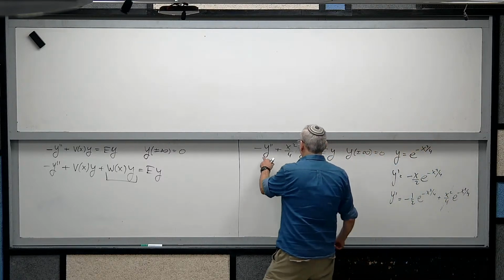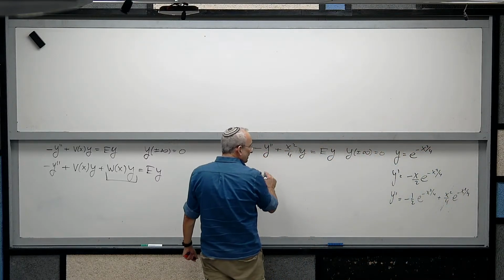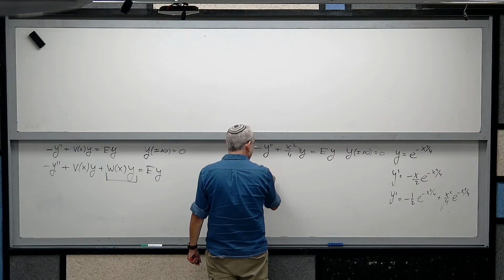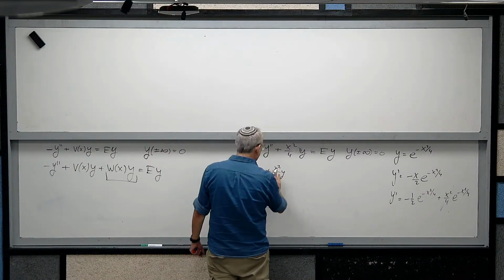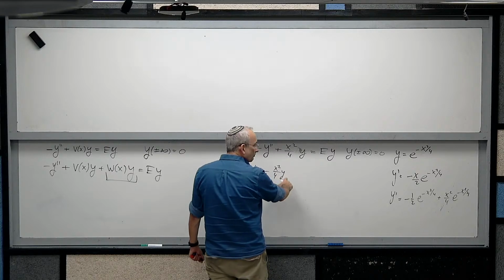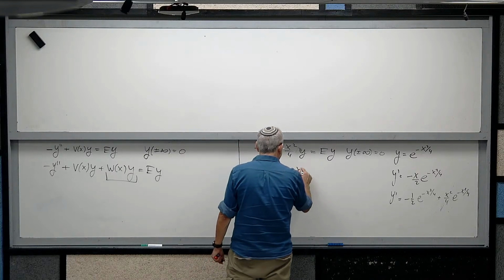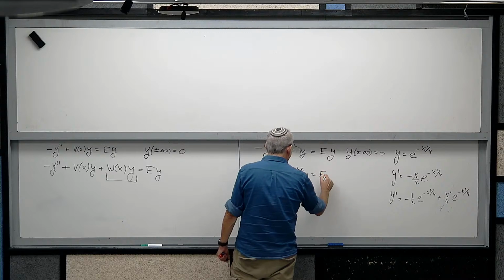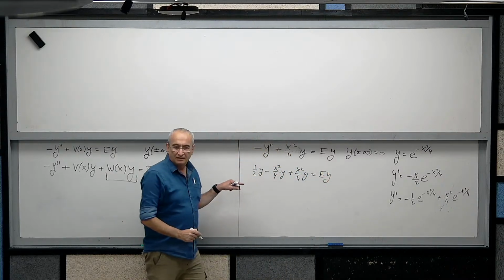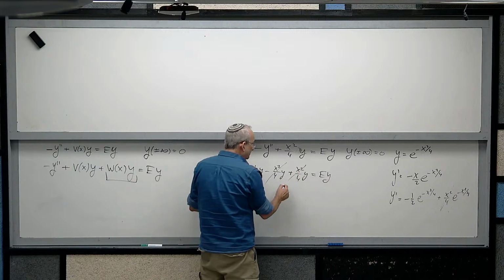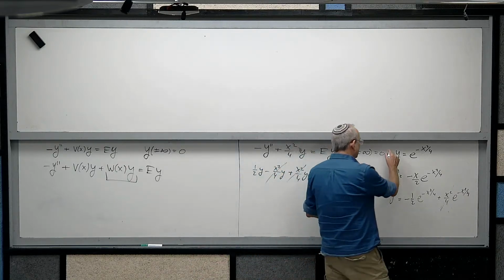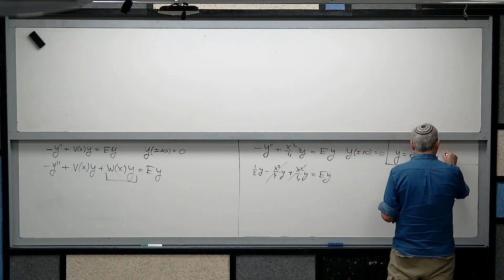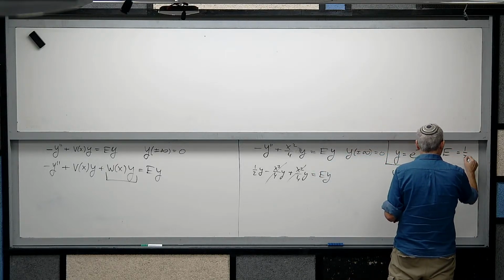And when plugging it here, I will get minus psi double prime, so it will be 1/2 psi minus x squared over 4 psi, and now I have plus x squared over 4 psi equals e psi. You see? Which implies that this cancels out, and it implies that e is 1/2. So here is the solution. This is psi, and e is 1/2 for this one.